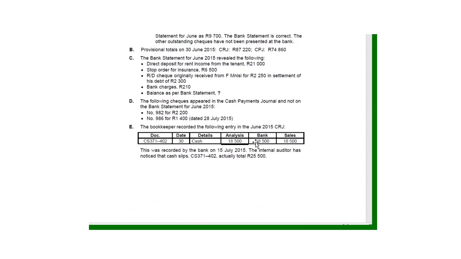Why do I think it is theft? Because they deposited 7,000 less than what was actually receipted. They received 25,500, but only 18,500 was deposited. So that is why I think it is theft.